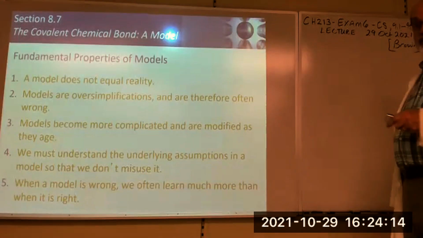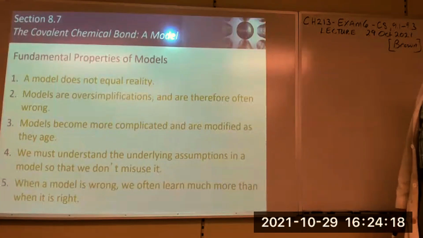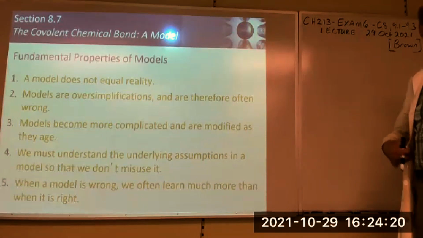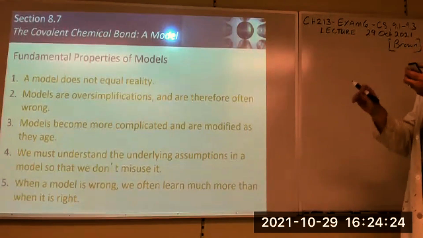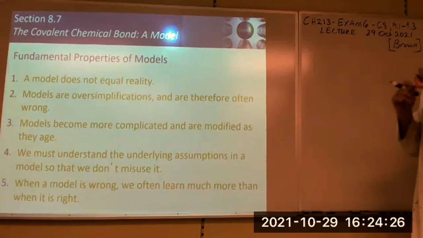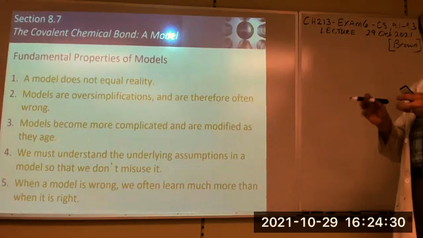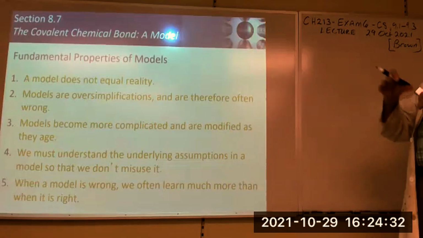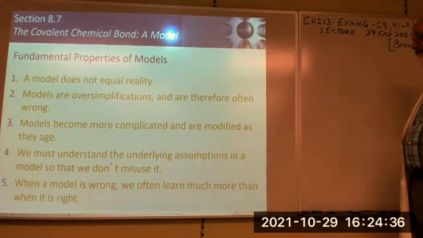The first thing to remember is that a model is not reality. It's like a model airplane, right? Is that model a real airplane? No, it just looks like one. And it's got as many pieces in it as you need to make it act as an airplane or look like one, or whatever the case may be. But it's not the real thing.